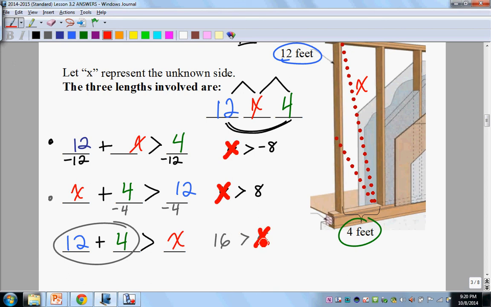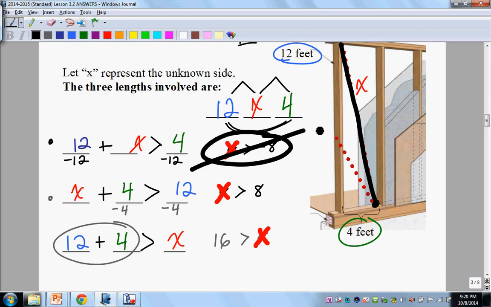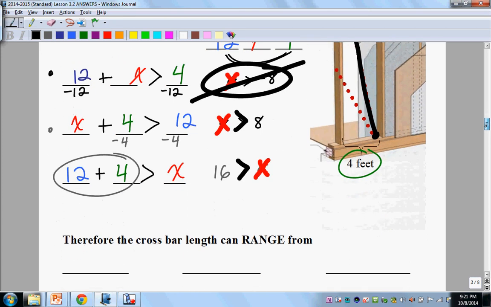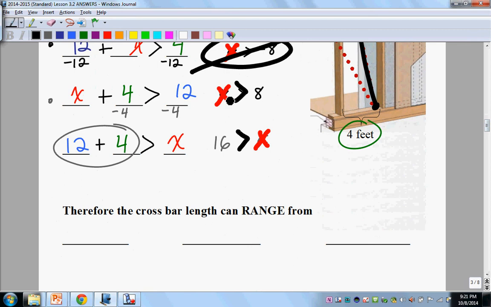Now to narrow down your range, we have to look at this logically. We're talking about the length of a crossbar here. So negative lengths are impossible. You can't have a negative length, so you simply cross that out. And if you look very carefully, we are left with a range of numbers for that crossbar.